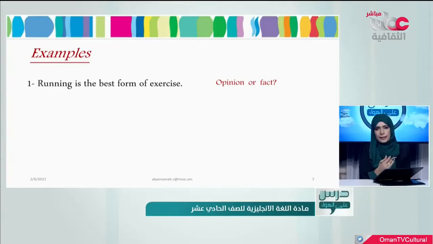Some others will mention different exercises and highlight them as the best kind of exercise or the best type of sport. So saying that something is the best of anything else indicates an opinion. So running is the best form of exercise is an opinion statement.